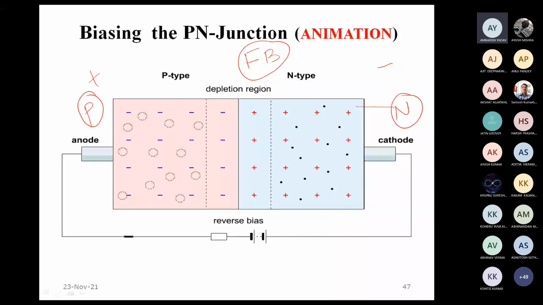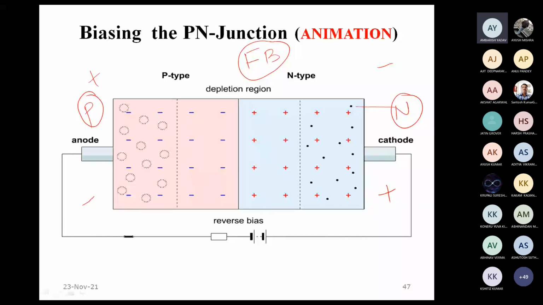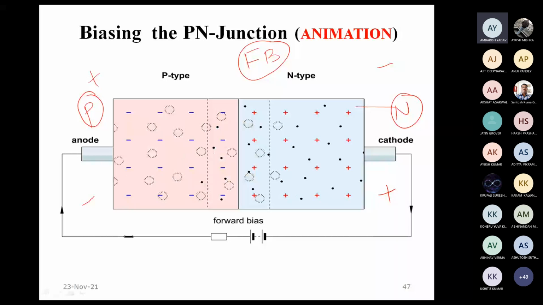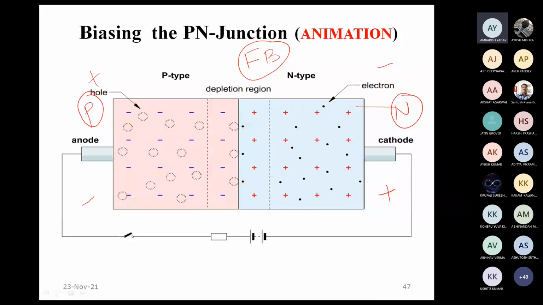Whereas when we have opposite polarities on the battery, suppose the N side is at a positive potential compared to the anode side, then we have the reverse biasing.